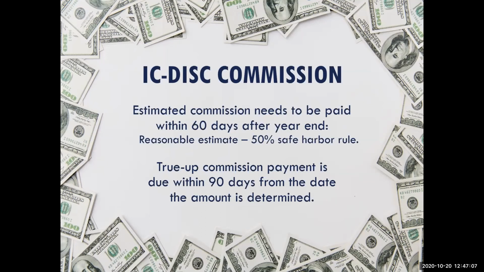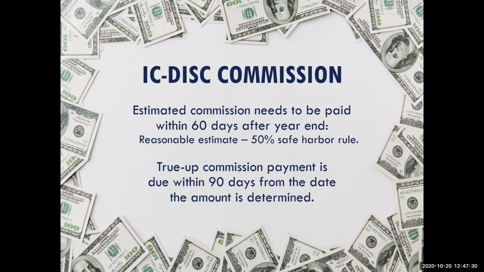Well, the Treasury regs say you have to pay an estimated commission within 60 days after year end. So for a calendar year taxpayer, basically you have to pay the estimated commission by the end of February. But you might not know what your total commission is because the tax return of the related supplier might not be completed in February.